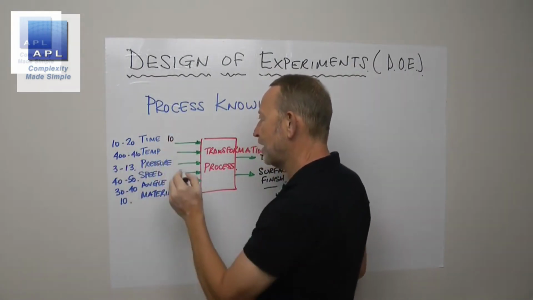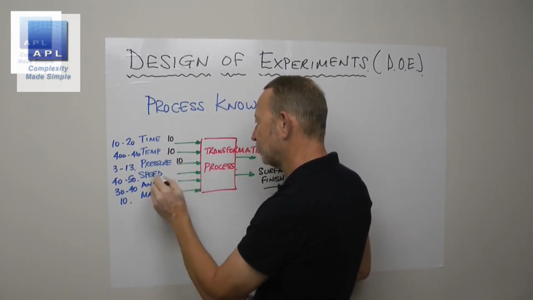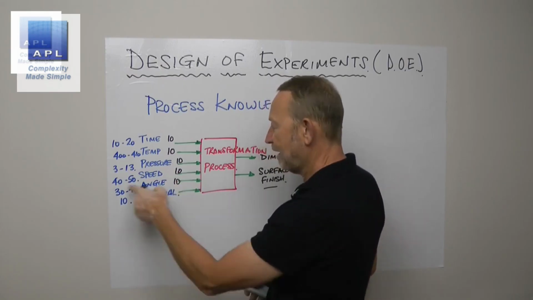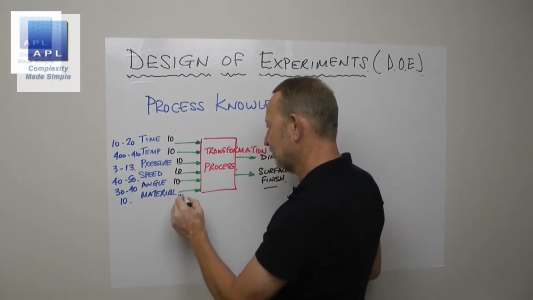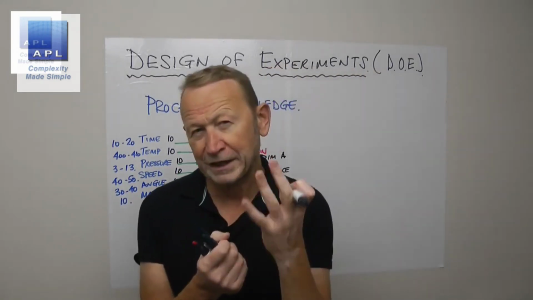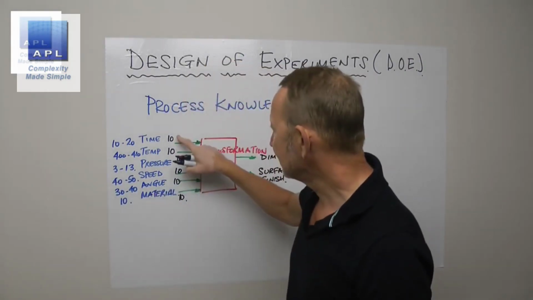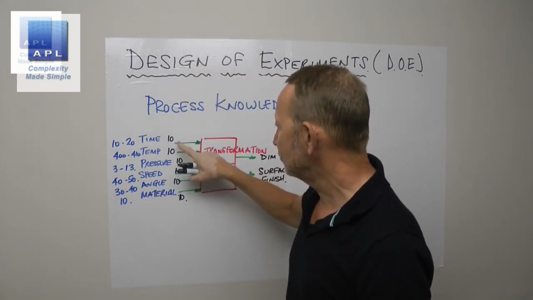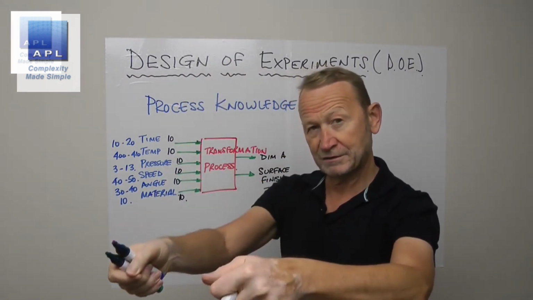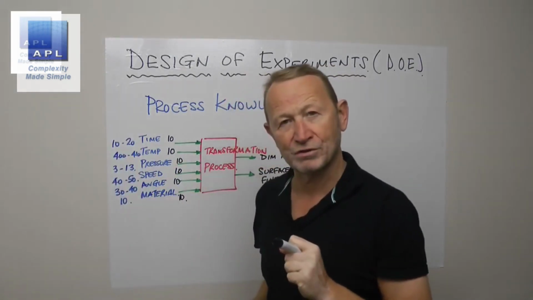Time has 10 choices, temperature 10, pressure's got 10 choices, speed's got 10 choices, angle has 10 choices, and material has 10 choices. So how complicated is this system? Well, if I just moved these two settings around, 10 times 10, there's 100 combinations just in those two.